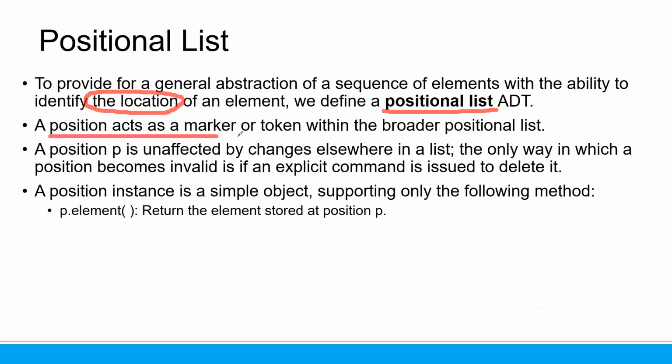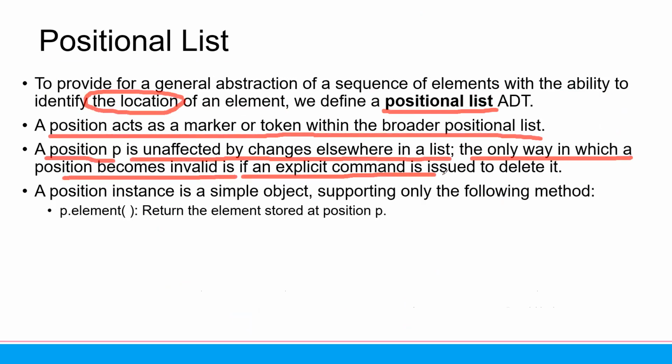A position acts as a marker or token within the broader positional list. A position P is unaffected by changes elsewhere in a list. The only way in which a position becomes invalid is if an explicit command is issued to delete it. So the position will keep its element as long as you never delete it.